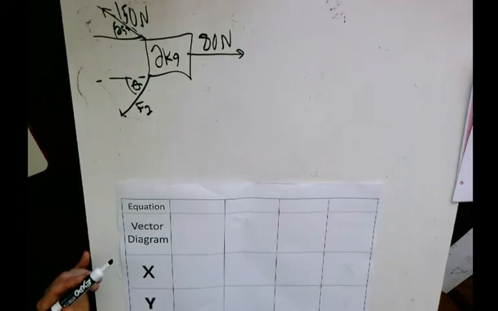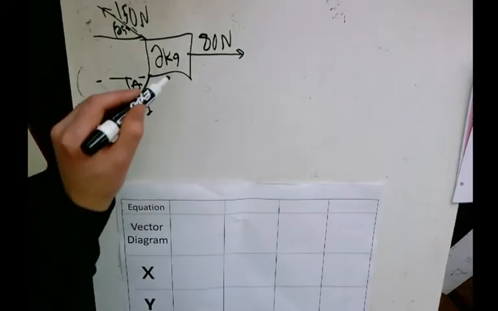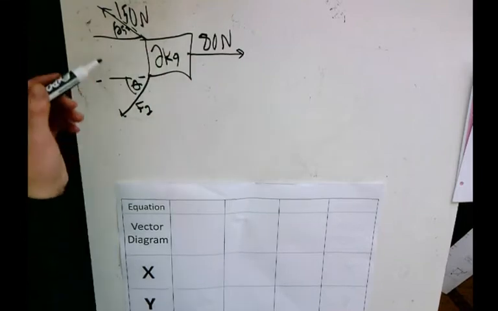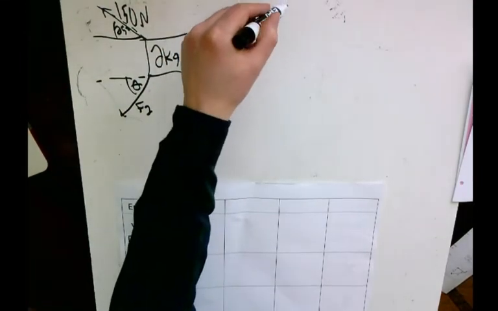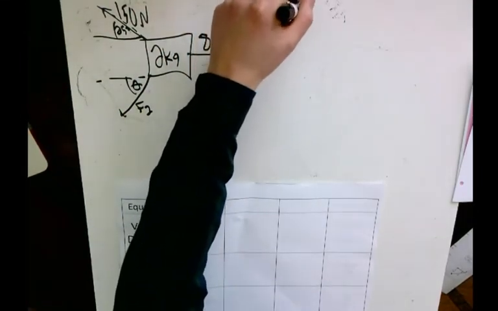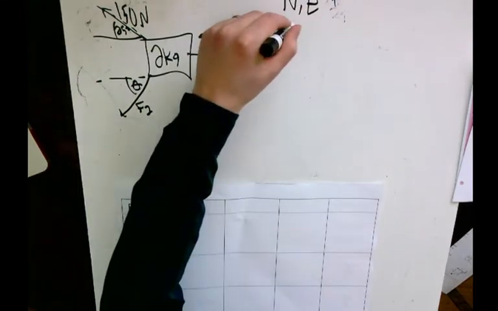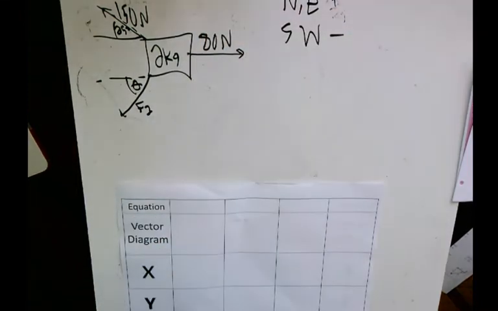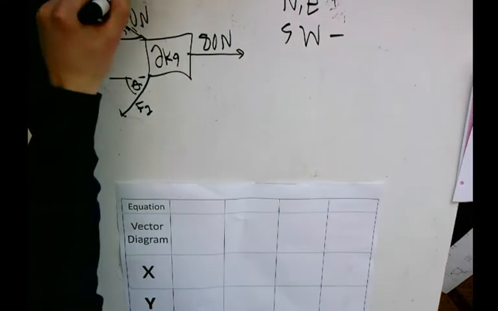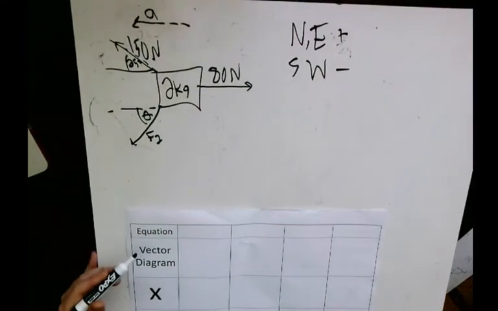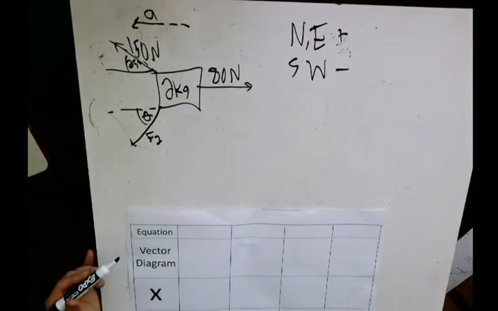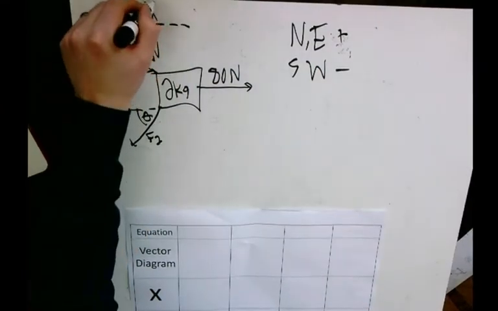Okay, so the question tells us that the overall acceleration is to the west. So we're going to use our northeast as positive, southwest as negative, and we know we're accelerating to the west at 35 meters per second.